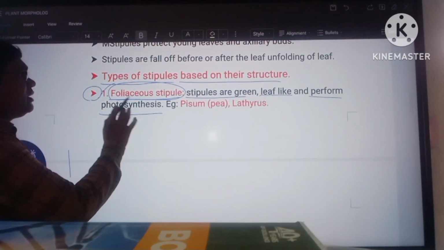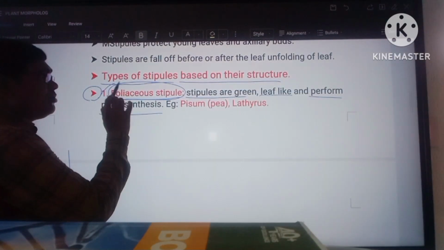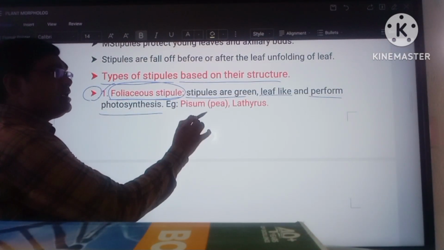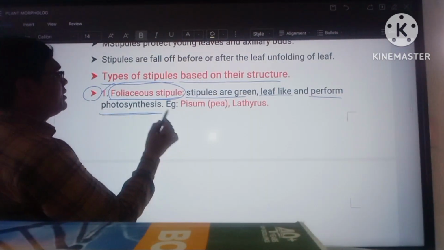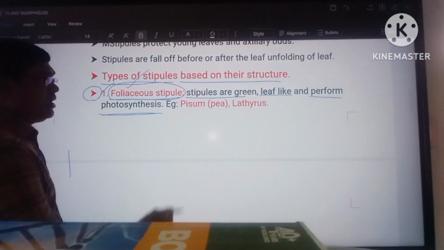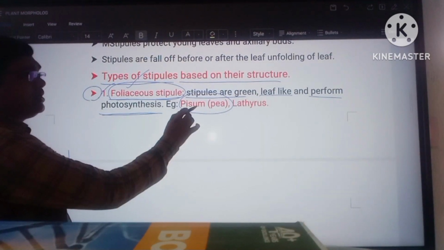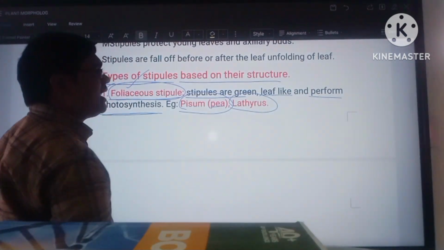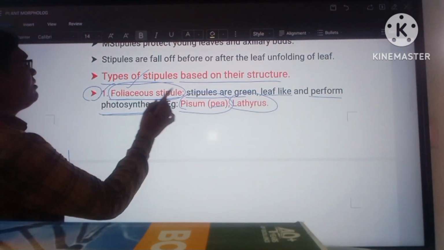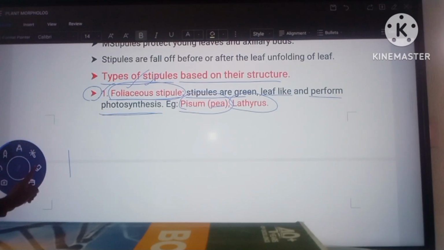Example, Pisum sativum, that is the scientific name of the pea plant, and Lathyrus. These are examples of foliaceous stipules. So this is the first type of stipule.